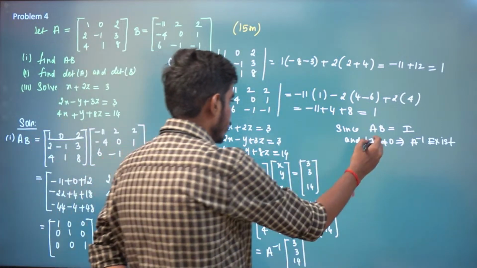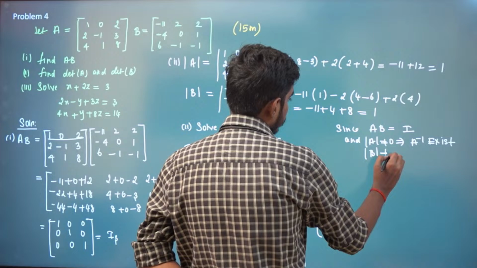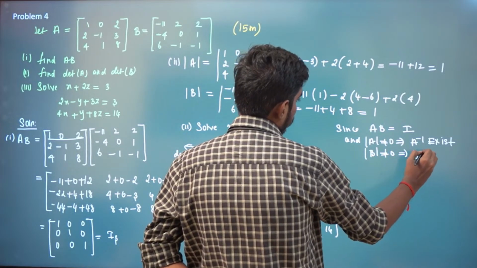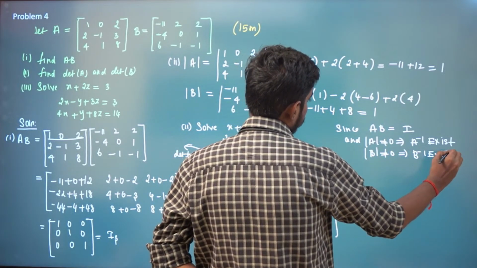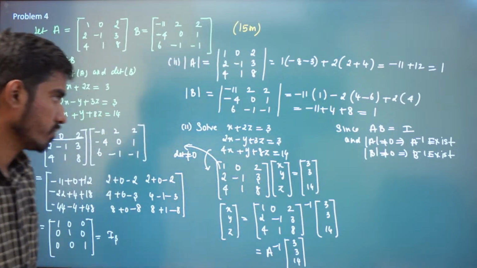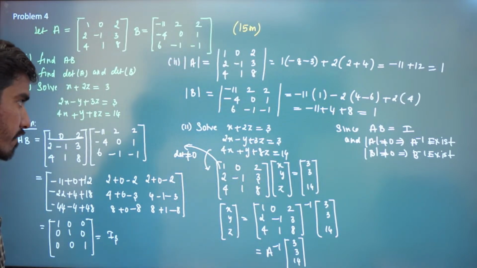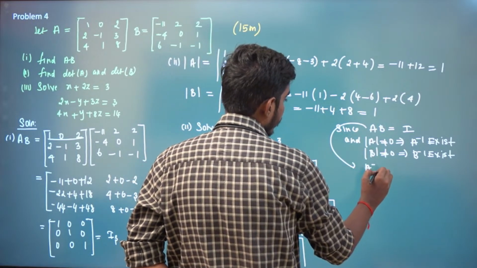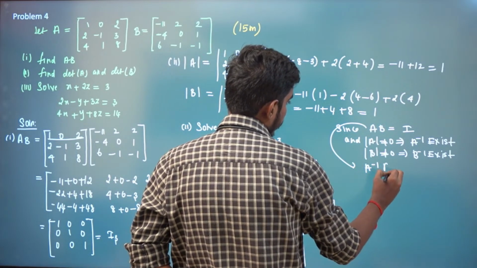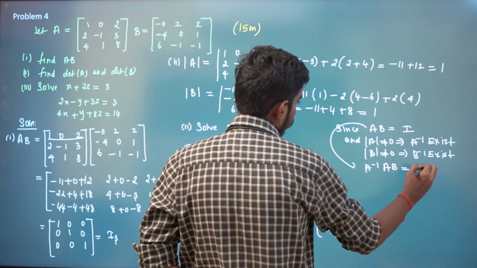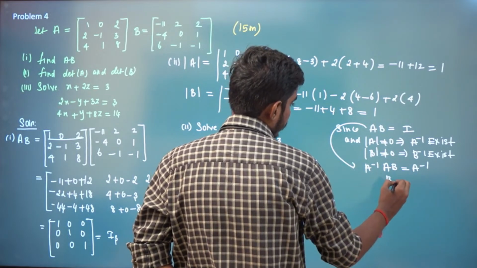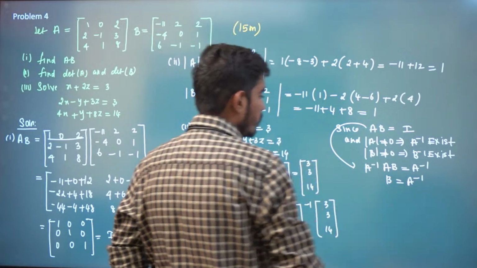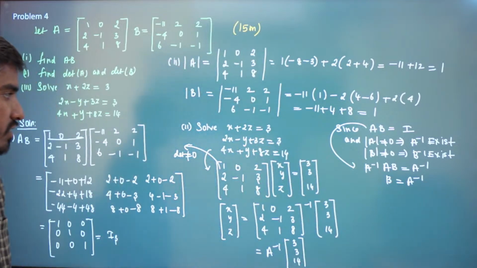And also the determinant of B is not equal to 0. That means B inverse also exists. Okay, so here you pre-multiply by A inverse. So A inverse AB is equal to A inverse. So that means your A inverse is nothing but the B matrix.